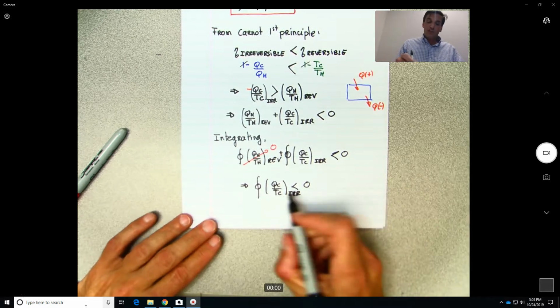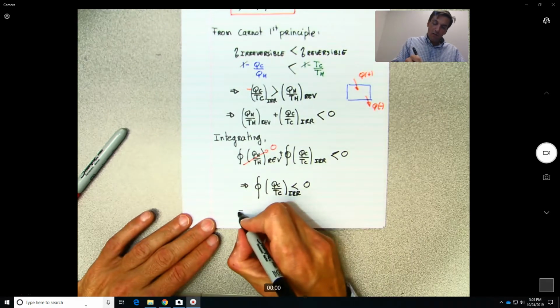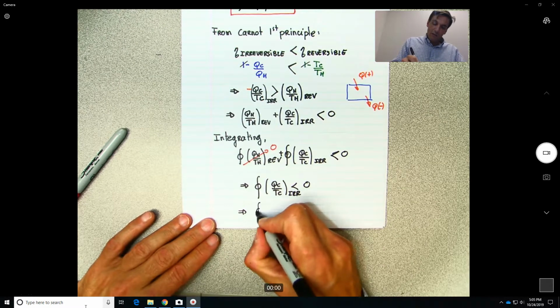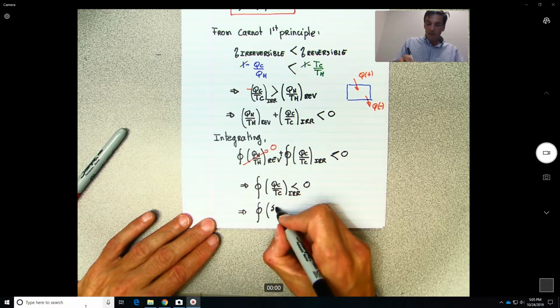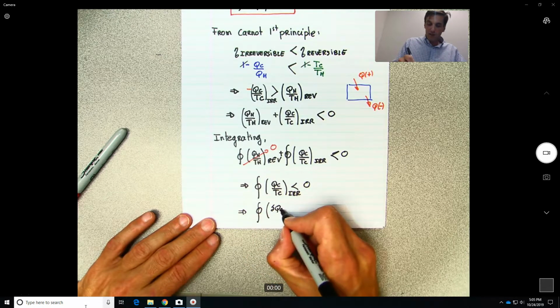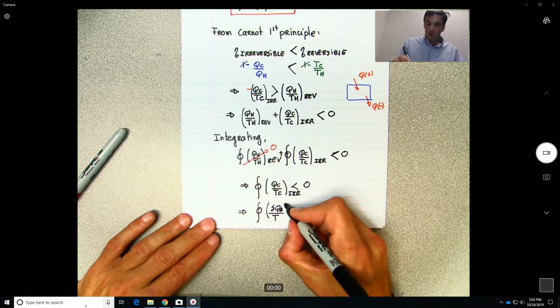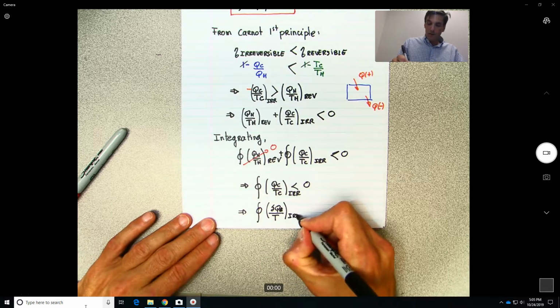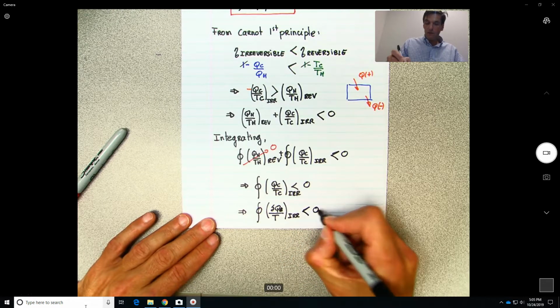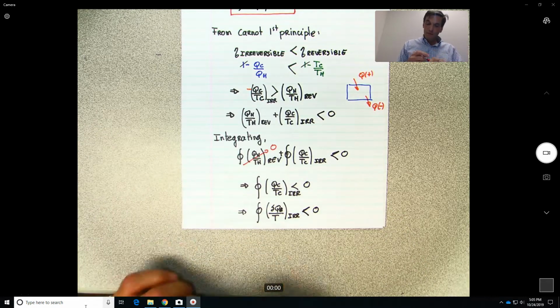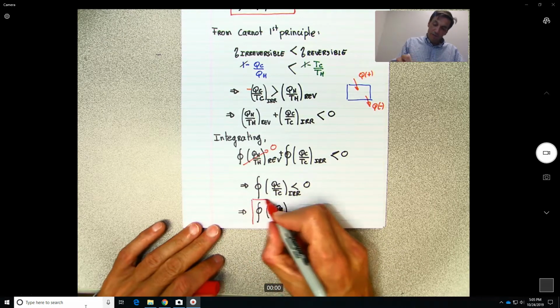Or if I change slightly the notation here to make it the same as before, it means that the change in heat over the temperature for an irreversible cycle needs to be lower than 0.